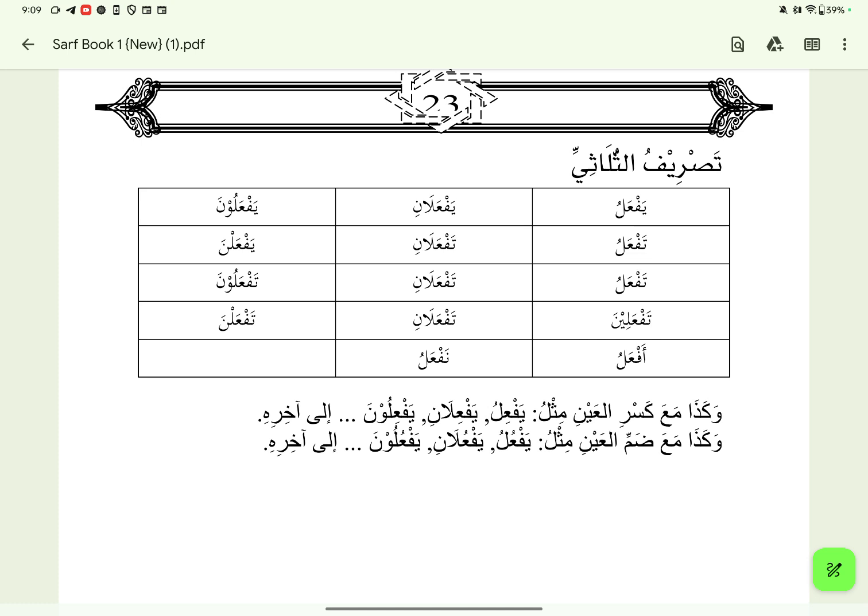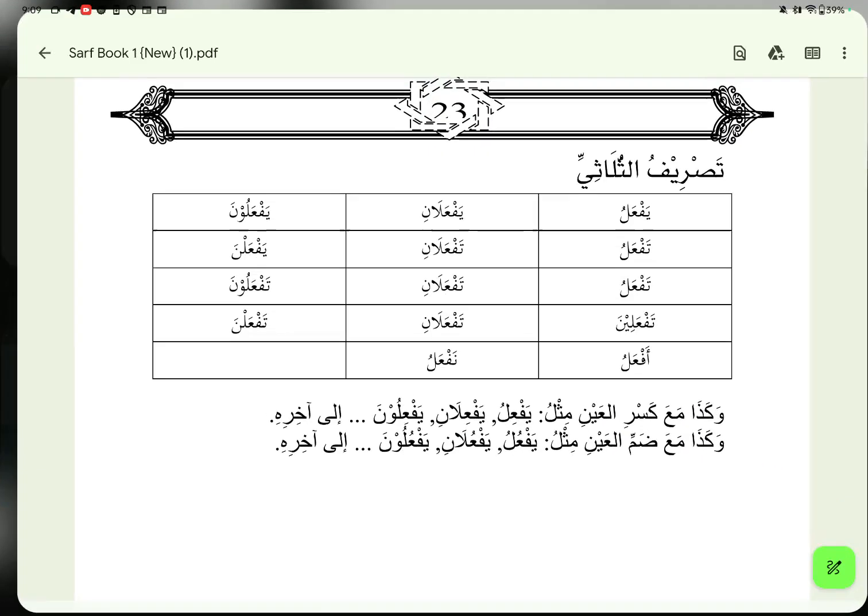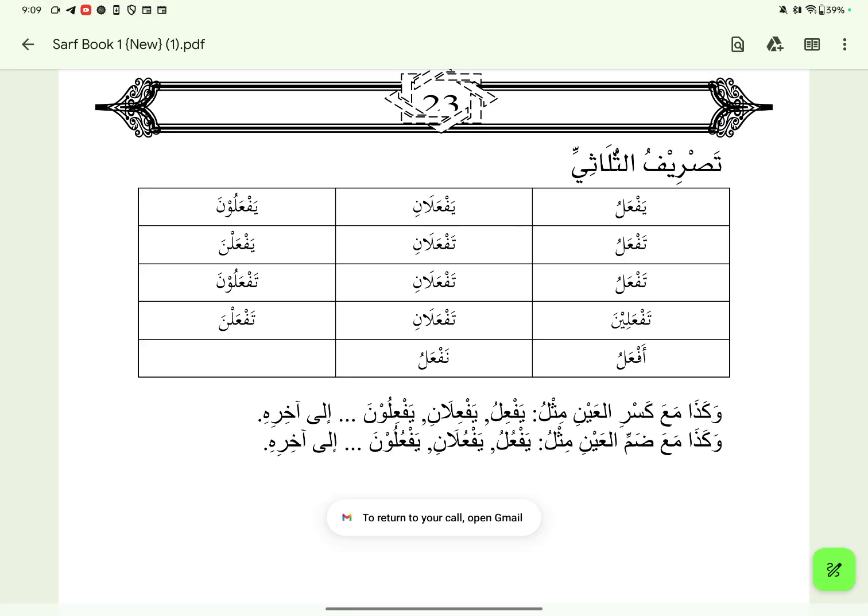We have verbs that we learned recently, for example yusalli, yatawadda'u, yadhhabu, yaqra'u. These verbs are in a form called mudari'. Mudari' means present tense.